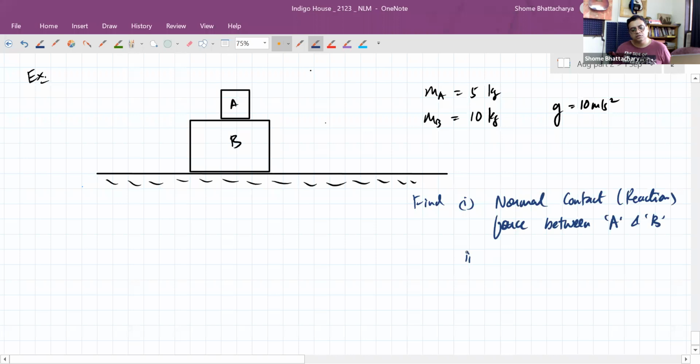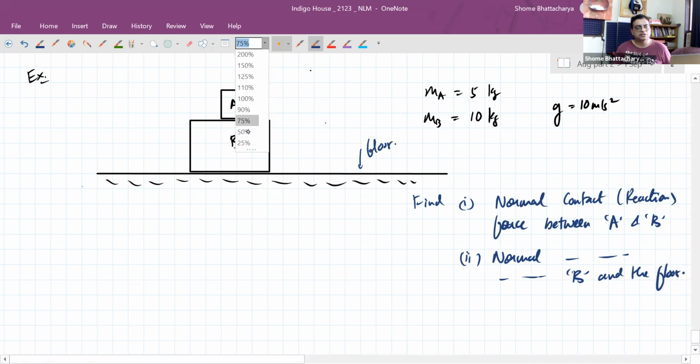And same thing, now the normal reaction force between B and the floor. So this should be very easy. Quickly work it out. Okay. And send me the answers.